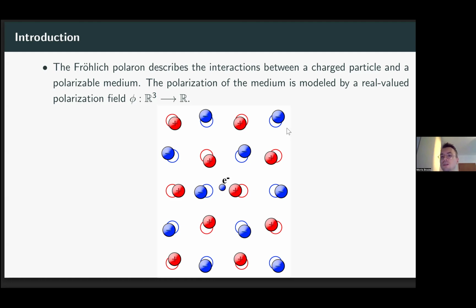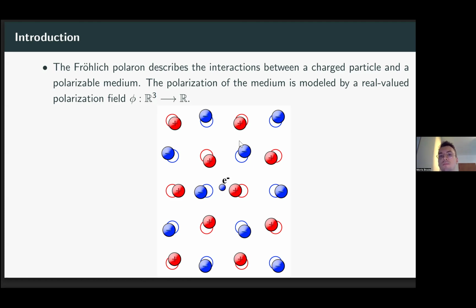At every point, say y in space, we measure the amount of displacement of the positive or negative charges. The electron induces a displacement of positive charges towards the electron and negative charges away from the electron. And this real valued function phi should tell us at every point in space the amount by which the charge is displaced.